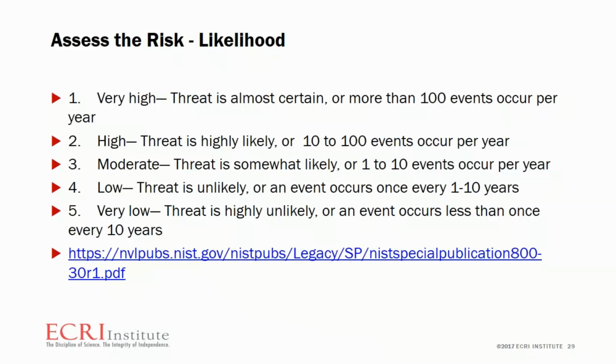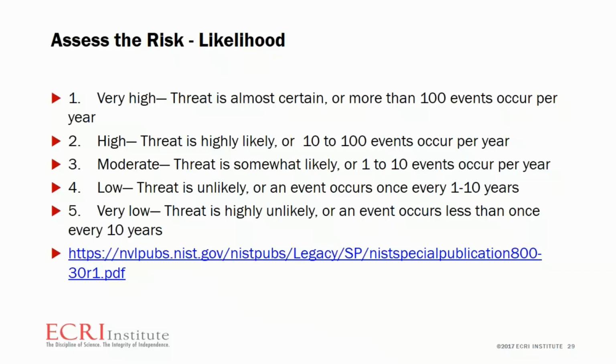There's ransomware. There's cryptojacking. You should be keeping up with security publications, and so this scale here is provided by NIST again, and the URL for the paper is there.